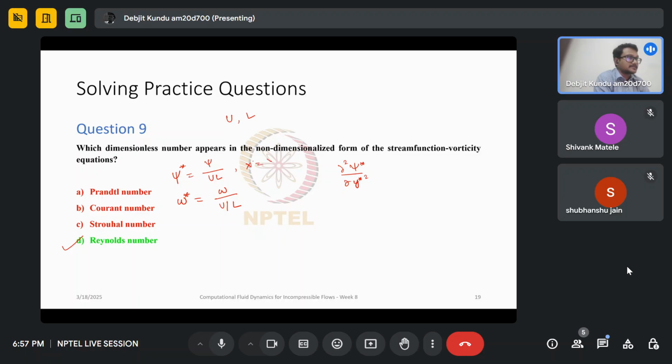So your x star is x over L, and y star is also y over L. This one remains the same, but the vorticity equation now has a 1 over RE times the Laplacian, but the Laplacian now is in terms of x star and y star.